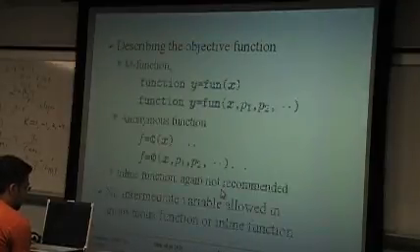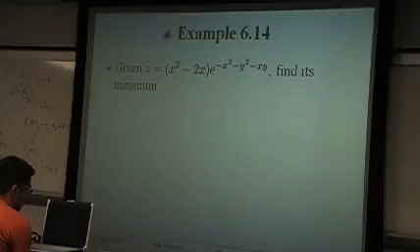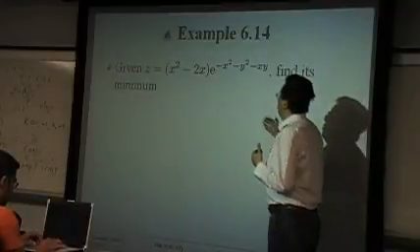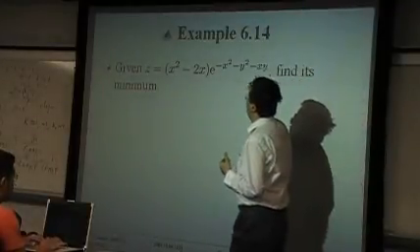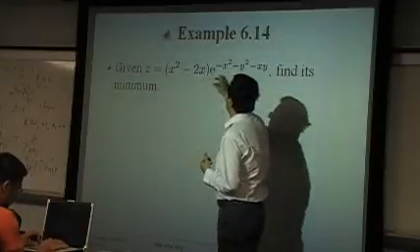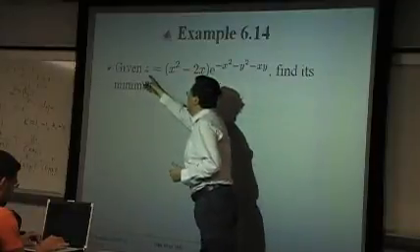So now let's consider the problem. Suppose we want to have a two-dimensional function like this. So our question is, what is the minimum of the function? In other words, what values of x and y make the function z the minimum?